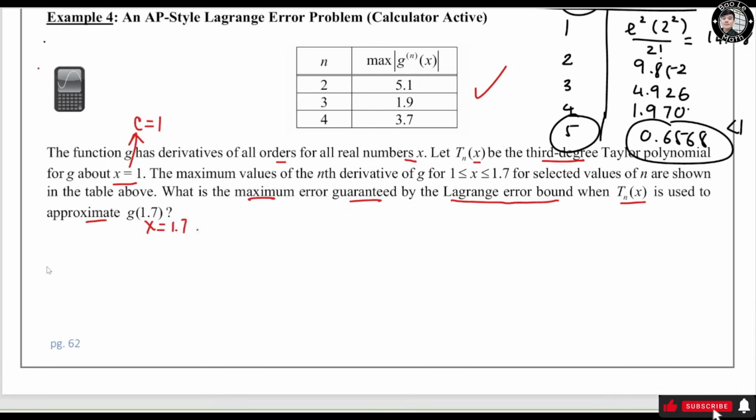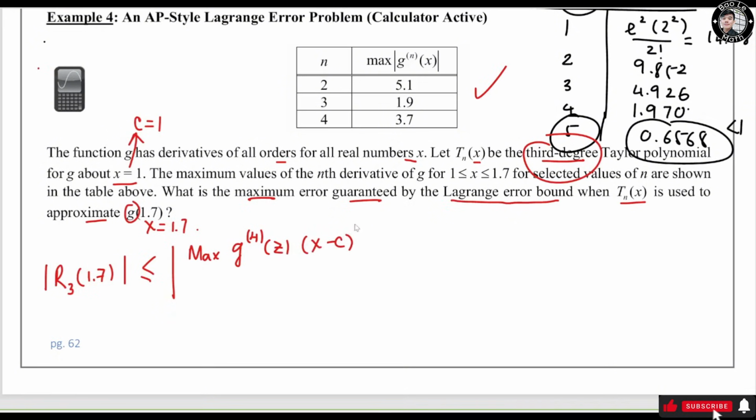So you have the absolute value of r, this is third degree. So the error r sub 3 of 1.7 is less than or equal to the absolute value of the maximum of f. This is 3, so this must be the 4th derivative. In this situation, the function is g, so I change this to g of z, times s minus c to the 4 over 4 factorial.